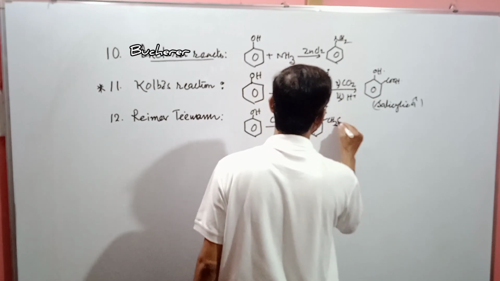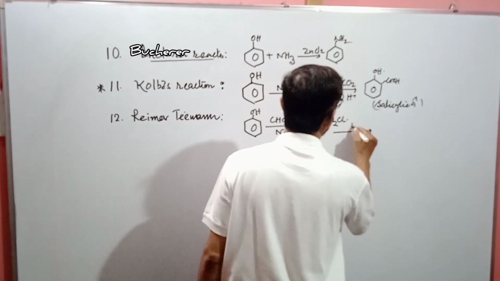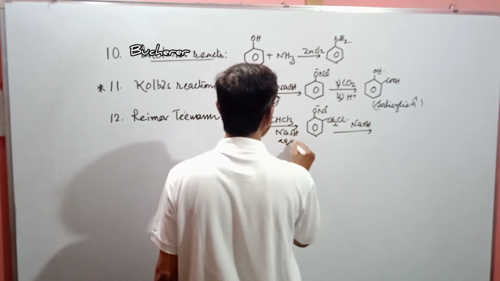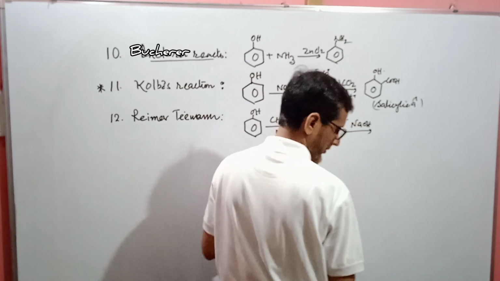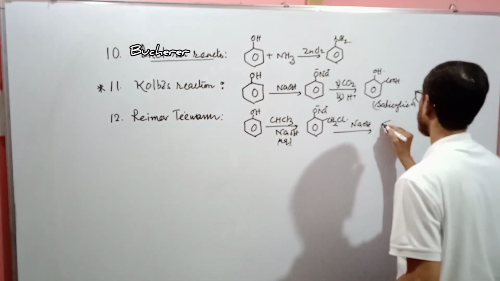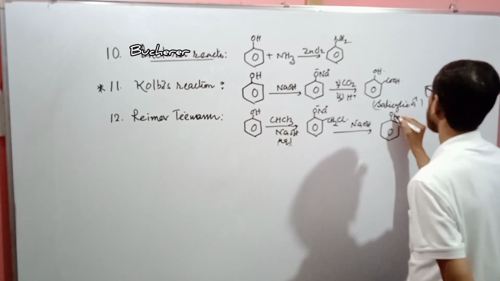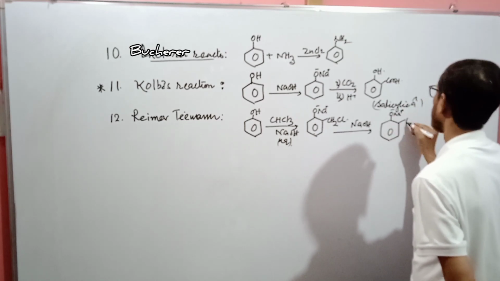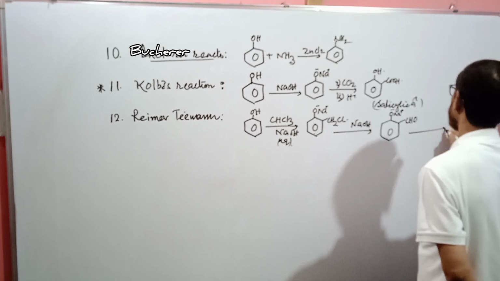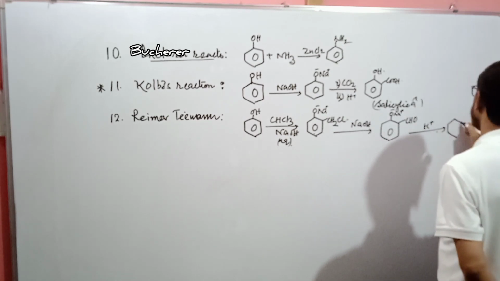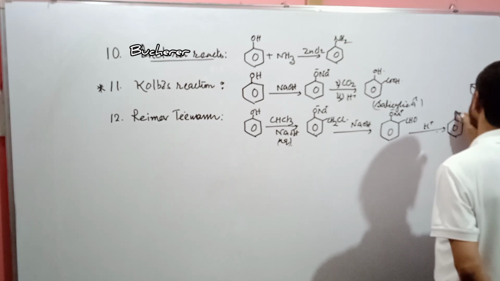You will get this. On treating with sodium hydroxide, it is actually aqueous. You will again get this, and at the final stage you treat it with acid, you will get phenol again.